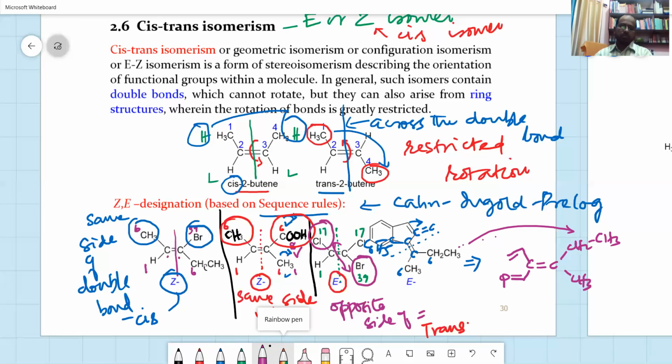So after going through 1, 2, 3, you get this heavier ring there. After going through 1, you get a heavy ring here. So this one seems to be high priority. And here you seem to be high priority. So the high priority groups are on the opposite side. Therefore, this is trans isomer.